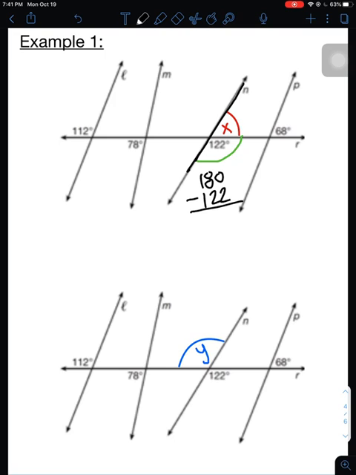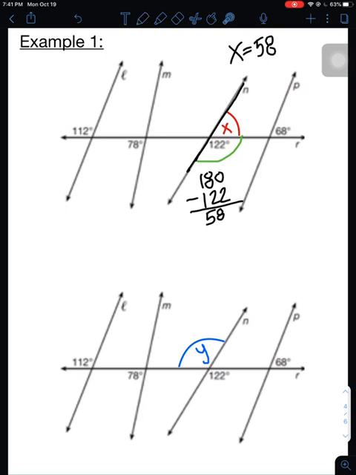And that's gonna give you the value for X, because these are gonna be supplementary angles. And we get that that equals 58. So now we know that x is equal to 58.